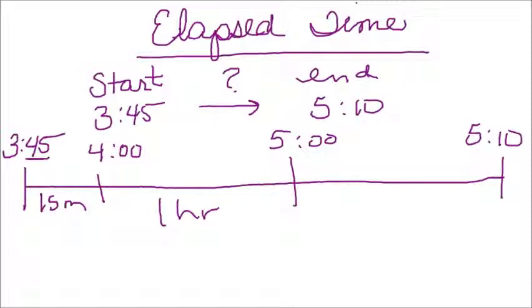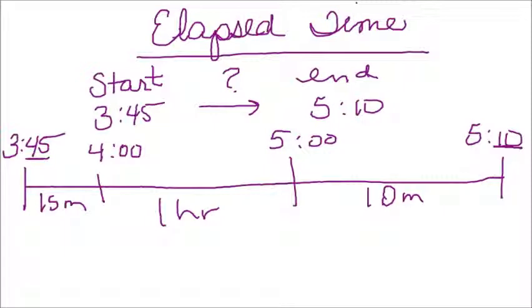If I add another hour, that would give me 6 o'clock, so I'm not going to add another hour. Now I'm going to focus on those 10 minutes. From 5 o'clock to 5:10 is 10 minutes.